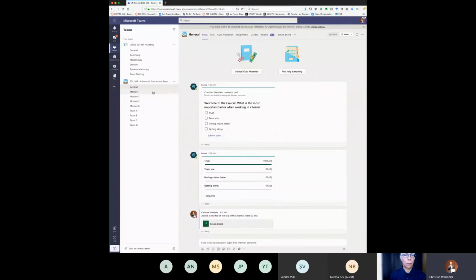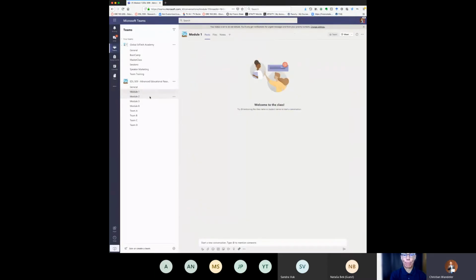And then for each module with content, you could add an additional channel, right? So modules can be channels, but now what I really want to focus on is this, that teams can be channels as well, right?